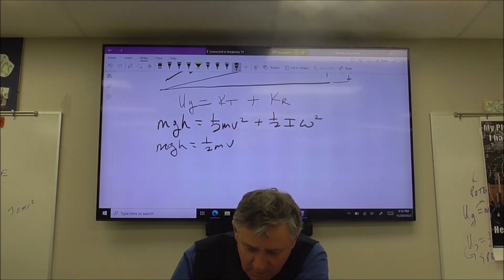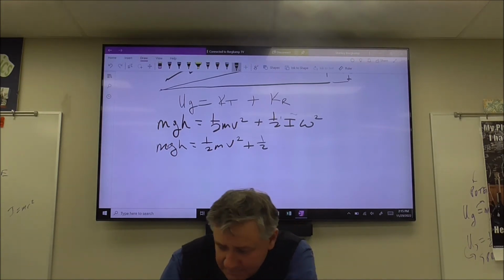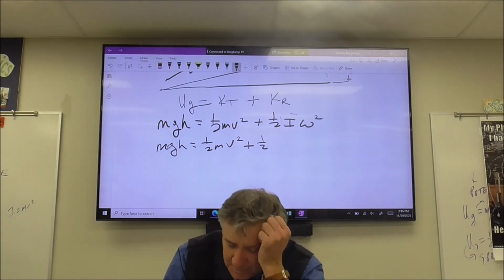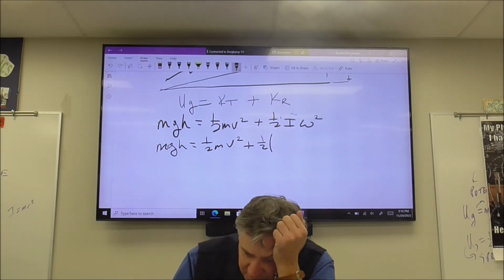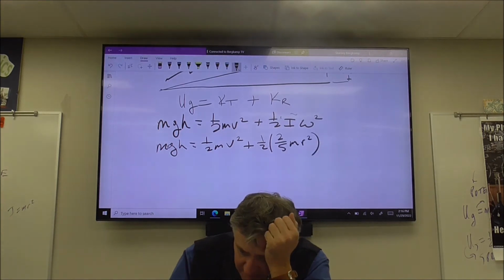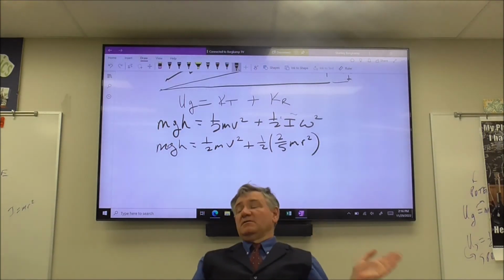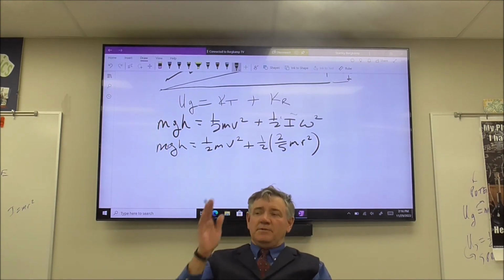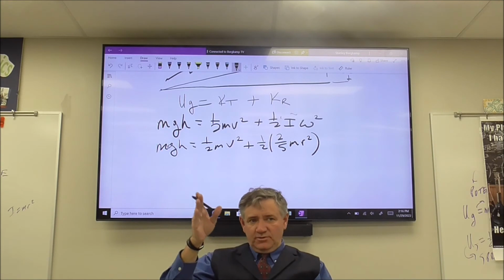So let's start with this I. Because it's a solid sphere, that moment of inertia, I got to remember that, it's 2/5 mr squared. Okay? If it had been a hollow sphere, it would have been like 2/3 mr squared. Because it's a solid sphere, it's 2/5.